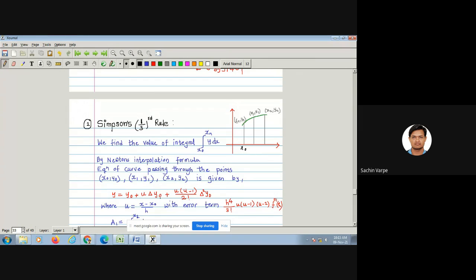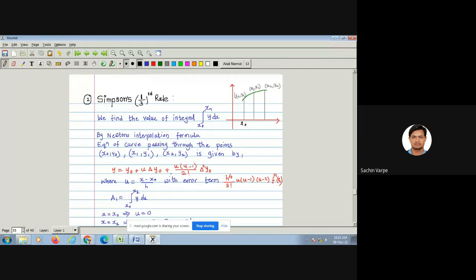Here delta y0, delta square y0, these we get from the table of forward differences. So this will be the curve passing through these 3 points. For 3 points, we can go at most to the forward difference operator of order 2.